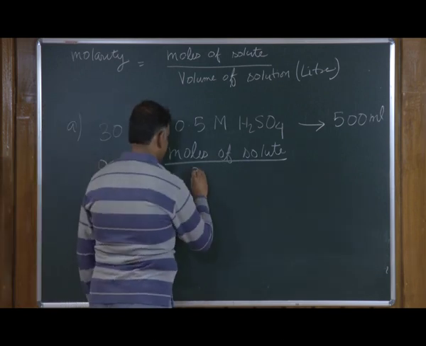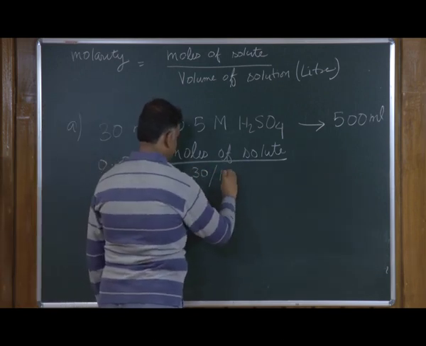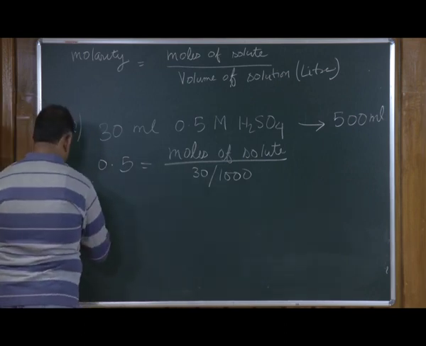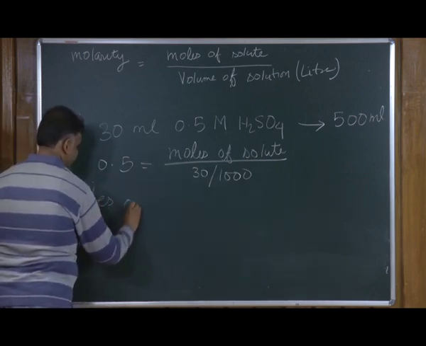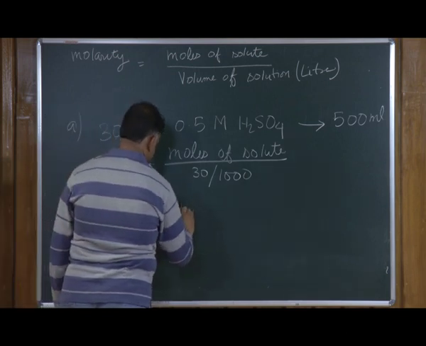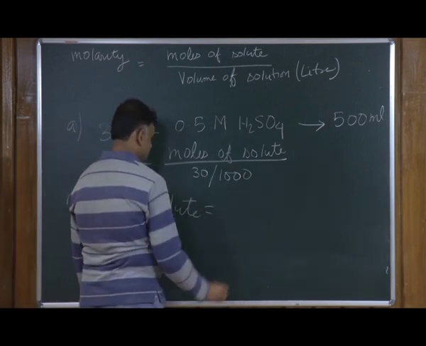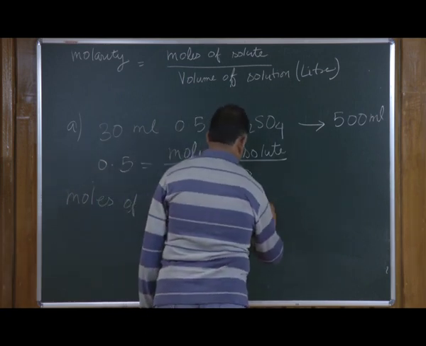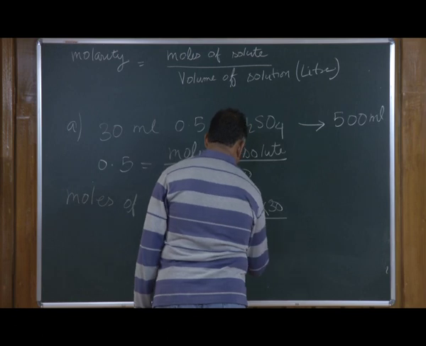So, in liter it would be 30 divided by 1000. Moles of solute in this solution would be 0.5 multiplied by 30 divided by 1000.